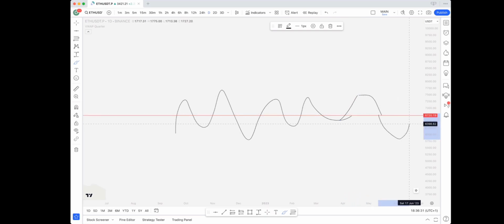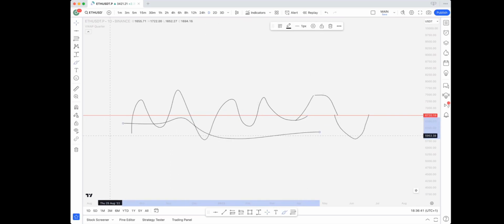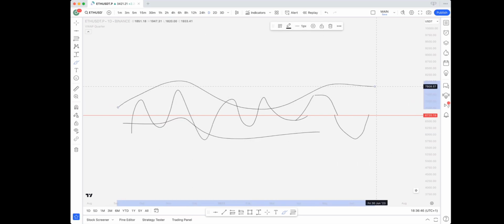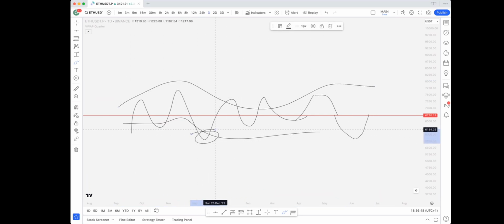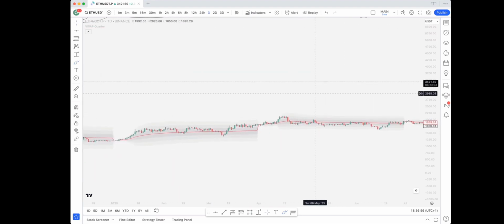If we're going far below, we tend to mean revert back to the middle. And the middle is again VWAP because we're in consolidation. So let's say our deviation bands are down here, you want to buy, or if the deviation bands are up here, you want to short the deviation bands back down to VWAP and take profit there. We'll show some examples of this.